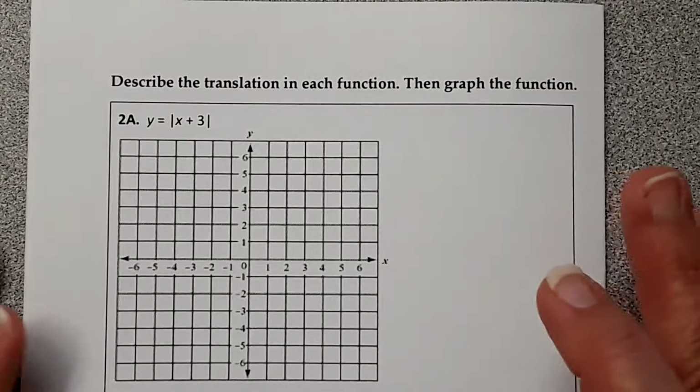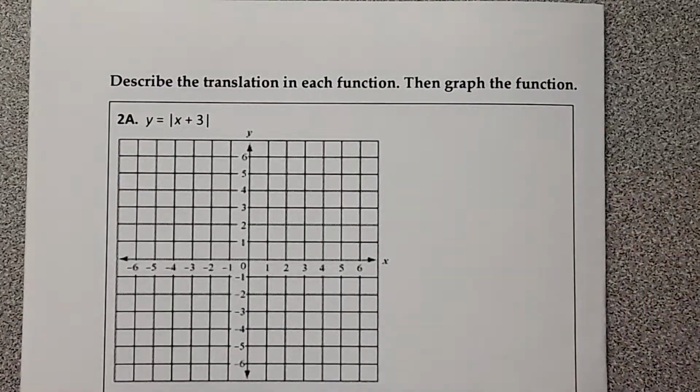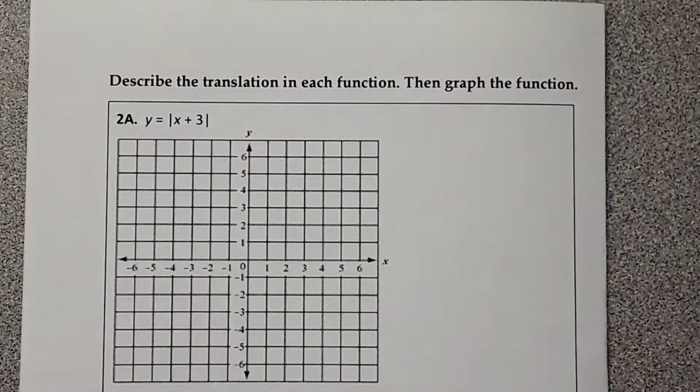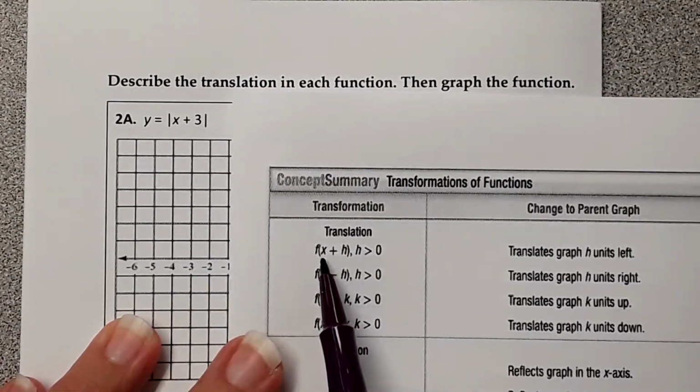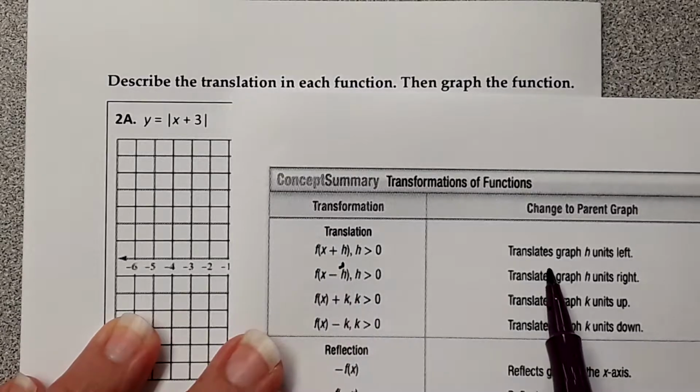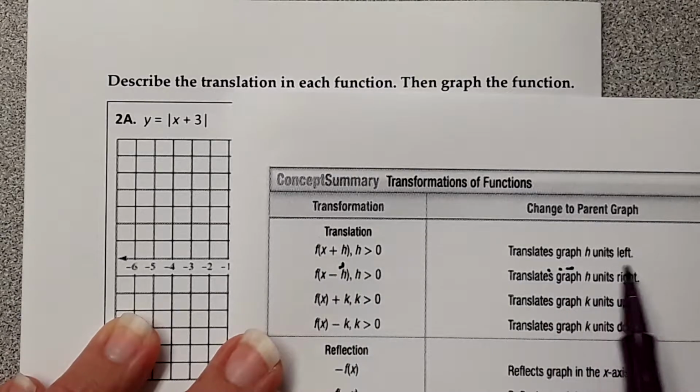So it says describe the translation in each function. So a translation is going to move it up, down, left, or right. Since that number's inside, see how this number's inside? The translation graph H units left.